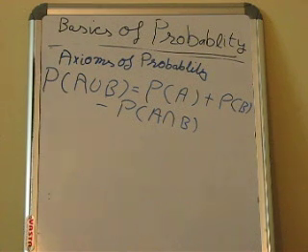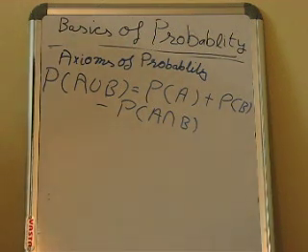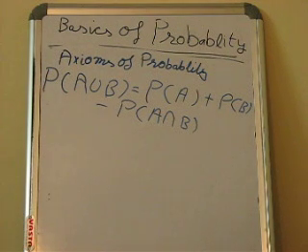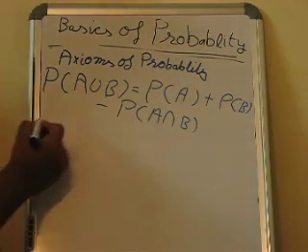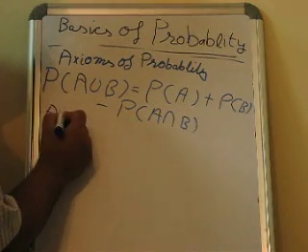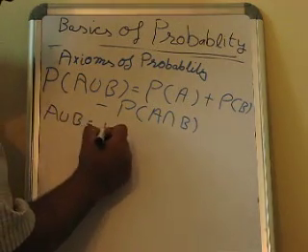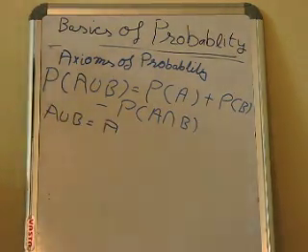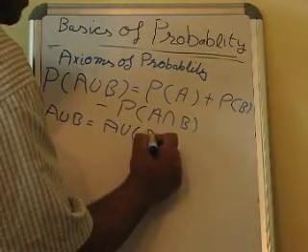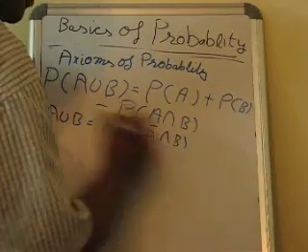So, how do we prove that? To prove this, we will again take the help of a Venn diagram, and we will refer to the equations of A and A union B that I defined in my previous session. So, what is A union B? It is A union (A bar intersection B).